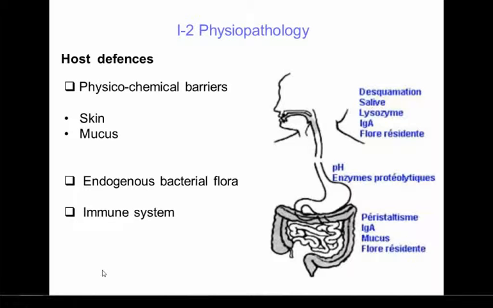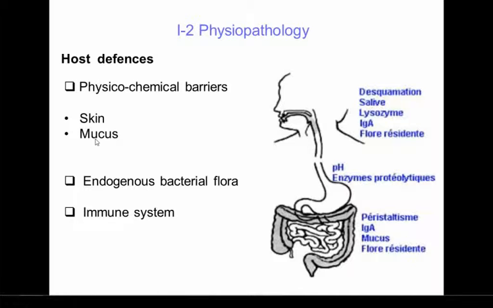First thing you need to think about are physicochemical barriers that are just physically going to prevent bacterial colonization. The skin, as I said, is quite an effective barrier against bacterial infections if it is not damaged. Mucus covers the epithelial cells and prevents bacteria from attaching directly to the epithelium.